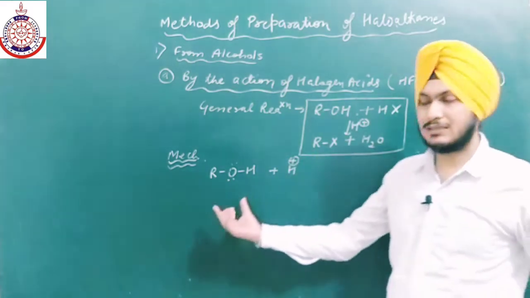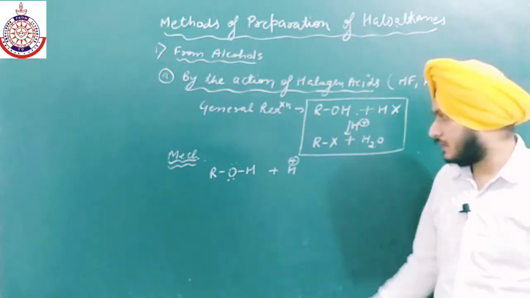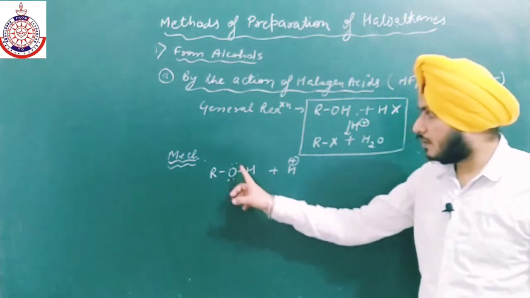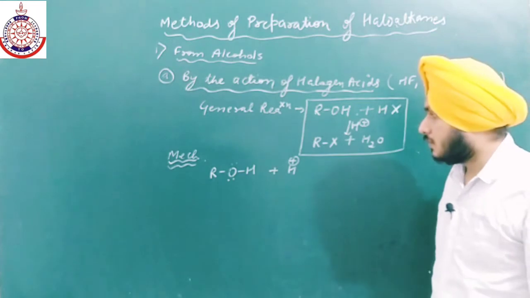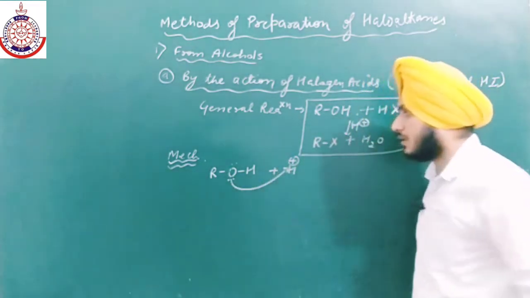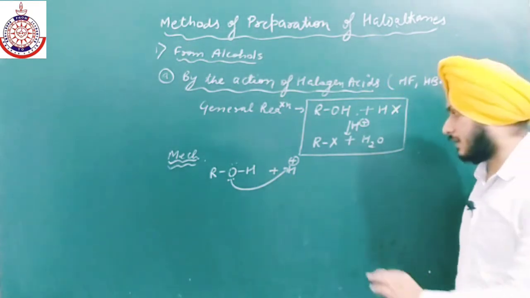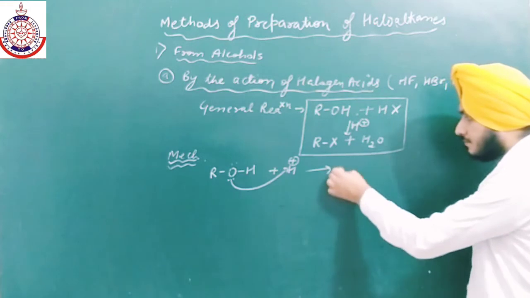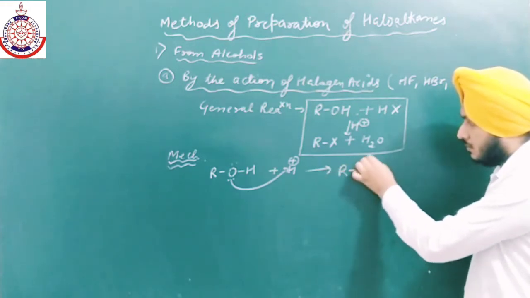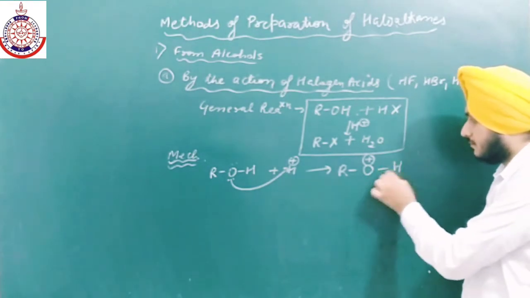As we all know, alcohols are nucleophiles. We have already discussed what nucleophiles and electrophiles are. So the lone pair of electrons on oxygen attracts this H positive, or the nucleophile attacks the H positive. H positive is an electrophile, and then a positive charge is generated over the oxygen atom.